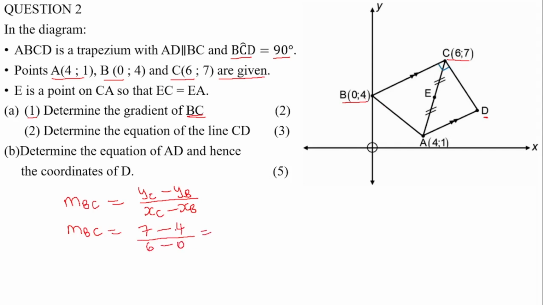So which is 3 over 6, which is 1 over 2. So the gradient of BC is 1 over 2.